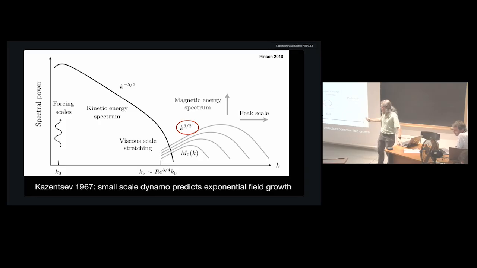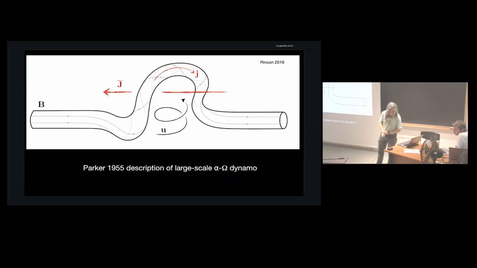However, it's exponentially growing, so it's very fast, and it grows on the eddy turnover timescale, which is short in a galaxy. The other sort of dynamo is the large scale or alpha-omega or mean field dynamo. And that relies on living in a shearing flow that can take loops of field, stretch them, twist them, and reconnect them to make more flux.